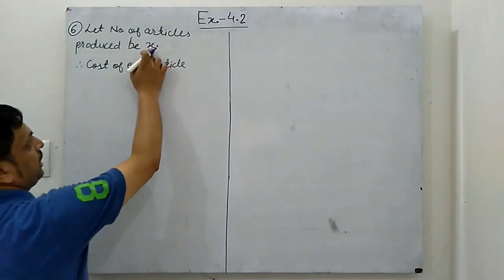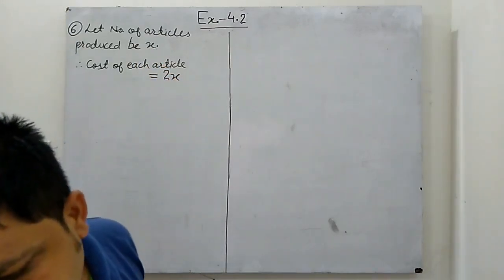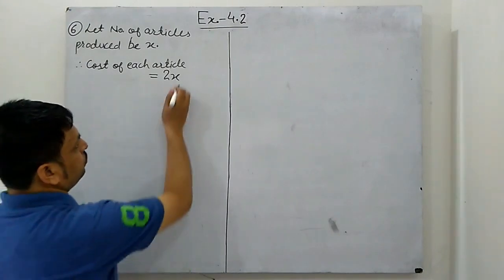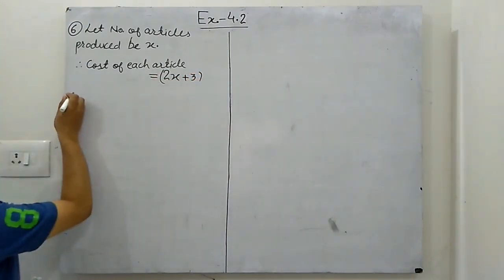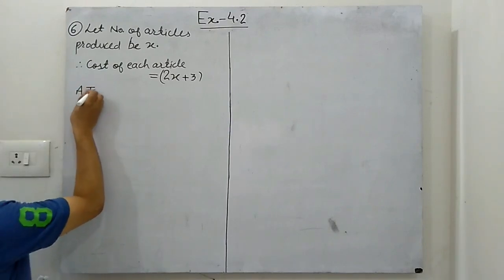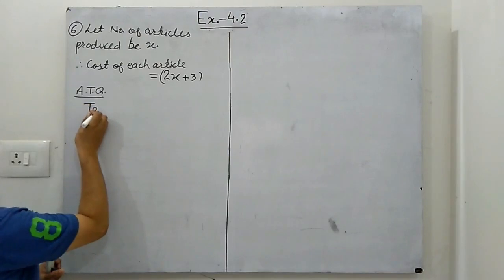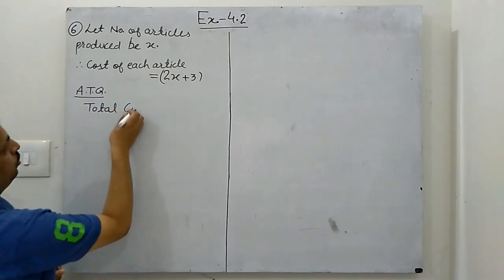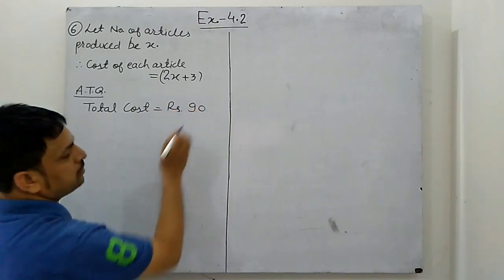So number of articles x, twice will be 2x, and 3 more than, so plus 3. Now according to question, we have been given the total cost. It is already given in the question, that is rupees 90.